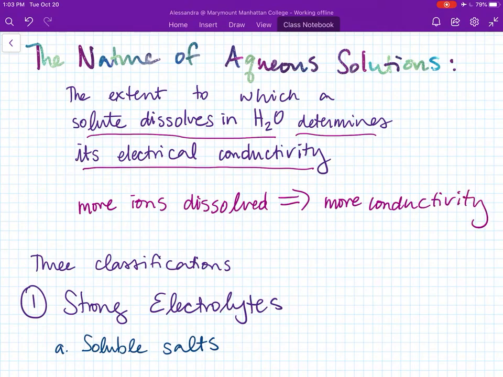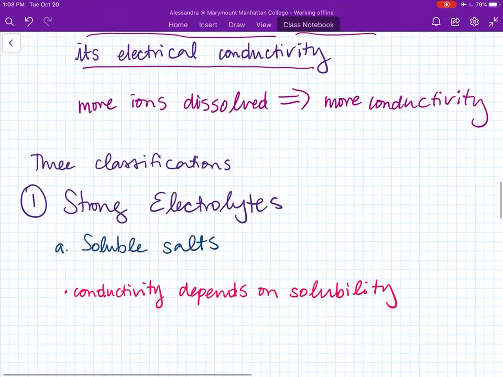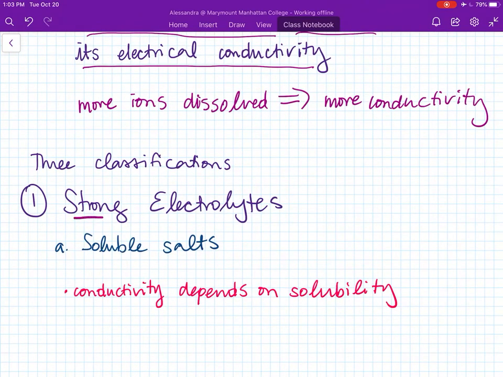So the more charged particles, the more ions you have dissolved in your water, the more conductive that solution is going to be. That is the basic principle by which we can classify solutions into strong electrolytes, weak electrolytes, or non-electrolytes. So let's start with the first classification, the strong electrolytes.